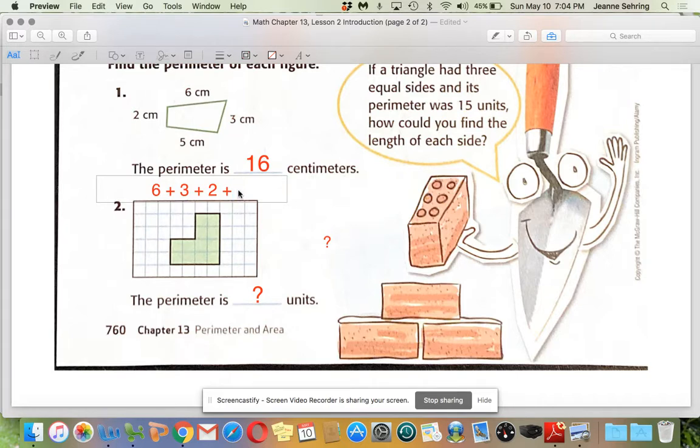Equals 6 plus 3 plus 2 plus 5 equals 16.